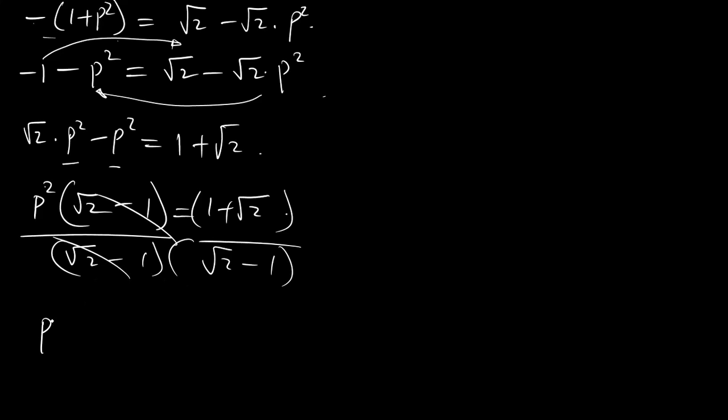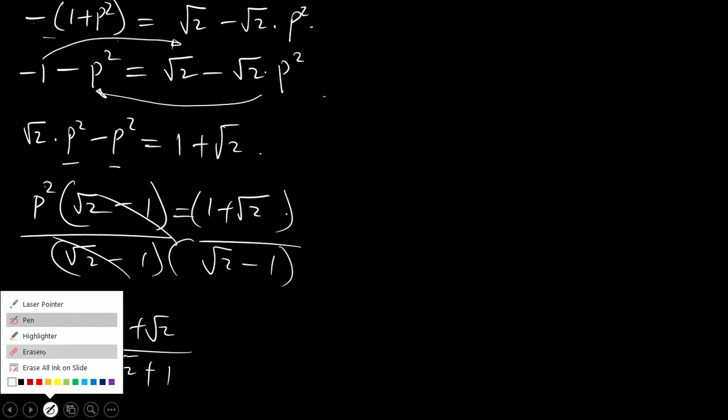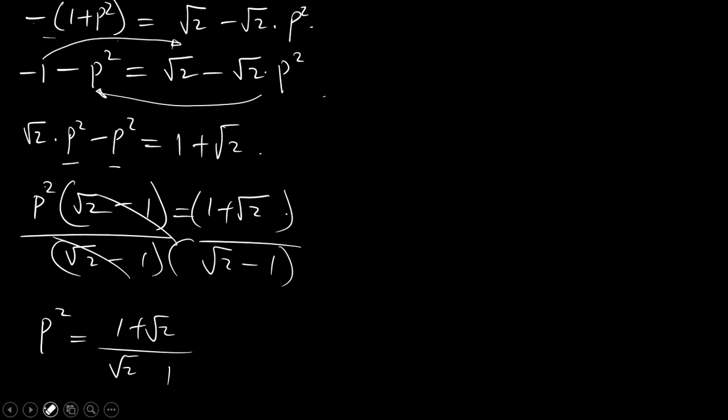So you have p square equal to 1 plus the square root of 2 divided by square root of 2 minus 1.